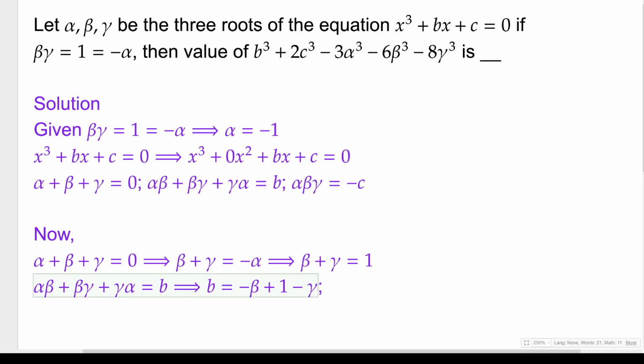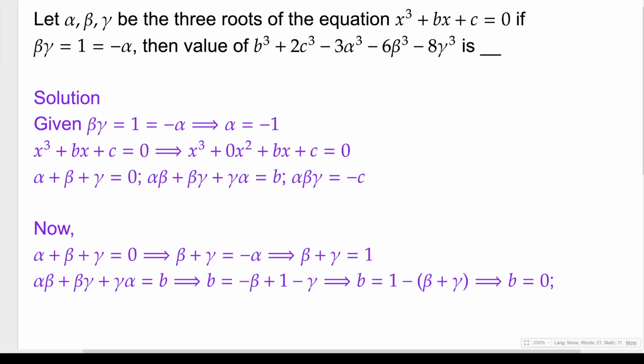I'll just rearrange the terms a little: 1, and the negative sign common, and here this can be written as beta plus gamma, and beta plus gamma is 1, right? So b is equal to this. From this we can say clearly that b has to be 0. Why? Because beta plus gamma is 1 and 1 minus 1 is 0. So finally I got b as 0.